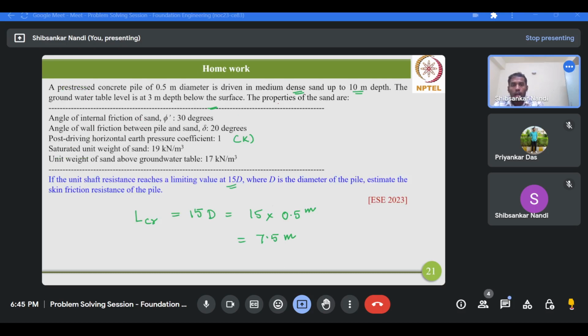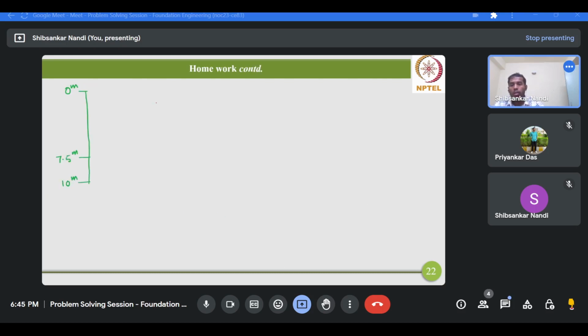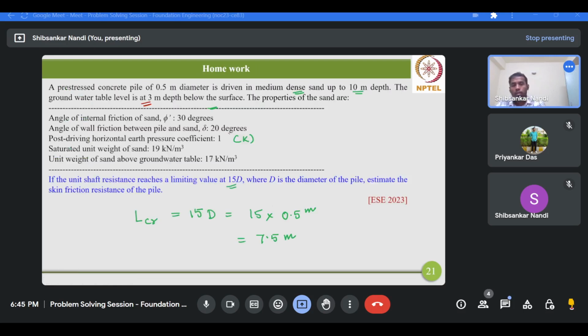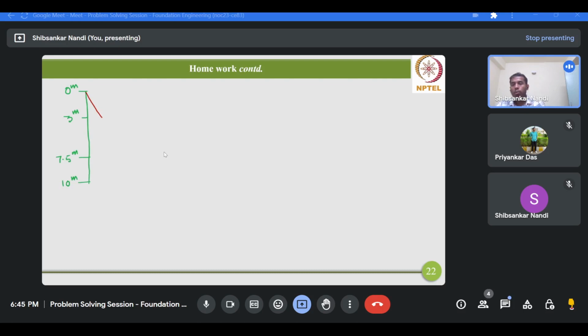One more condition is talked about in this problem, that is the location of the groundwater table. The groundwater table is at a depth of 3 meter. So this is the location, suppose 3 meter. And what are the densities of the soil above and below the groundwater? Above it is 17 kilonewton per meter cube, and below, the saturated unit weight is 19 kilonewton per meter cube.